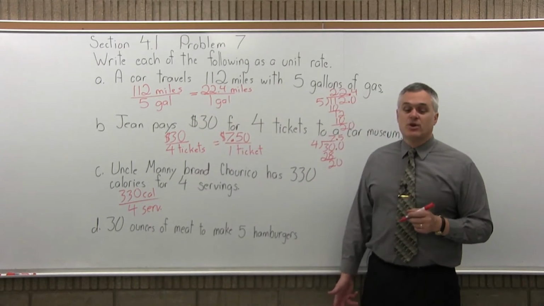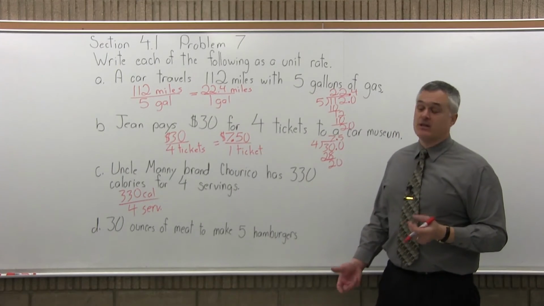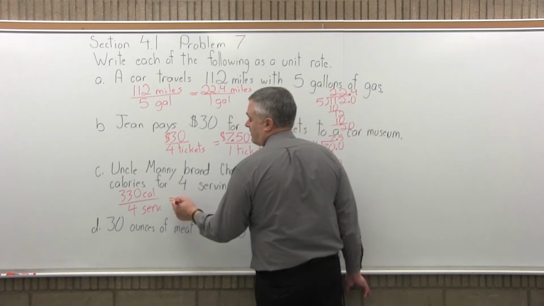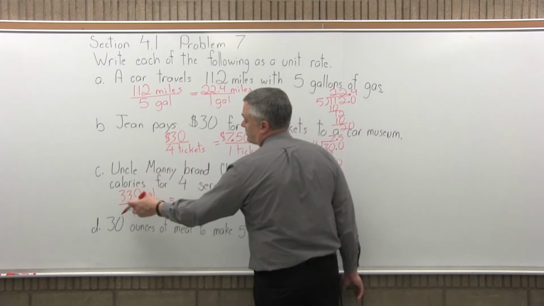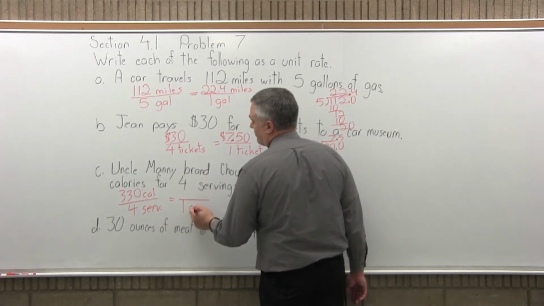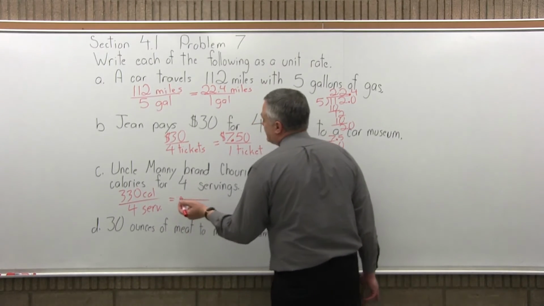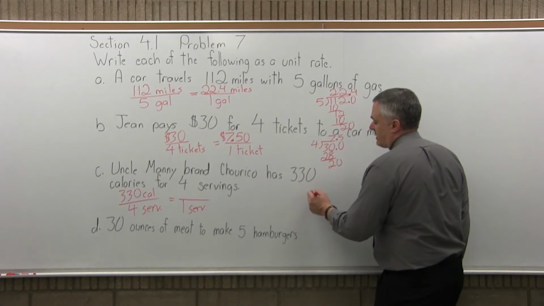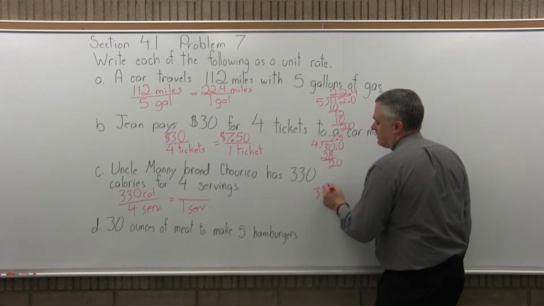So again, we want the denominator to be 1. It's going to really wind up being how many calories per serving, which is what people want to know. So you're going to have to reduce both by 4. Well, 4 clearly goes into 4 once. So you have per serving here on the bottom. 4 into 330, that's not something that works easily for a lot of people. So off to the side.